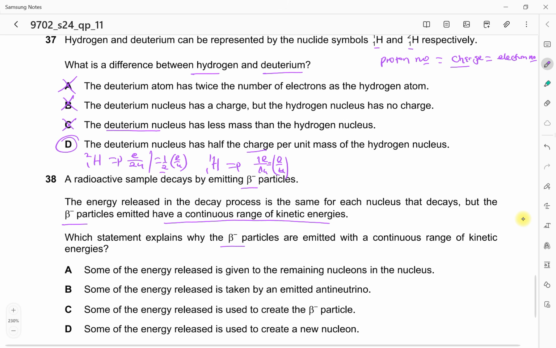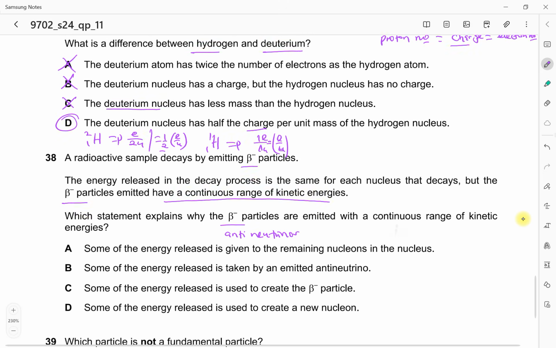Of course, beta minus particles, these are electrons, are accompanied by antineutrinos, and therefore the energy available is shared between the beta minus particle and the antineutrinos, which gives rise to a continuous range of energies.